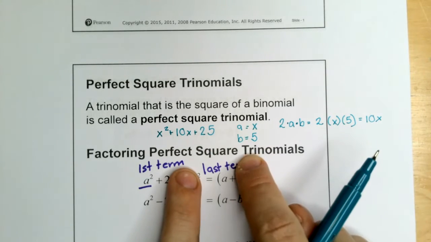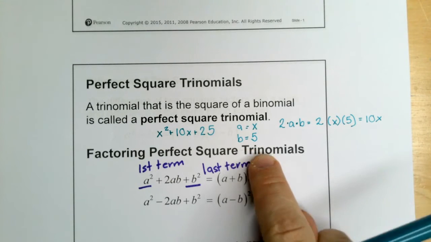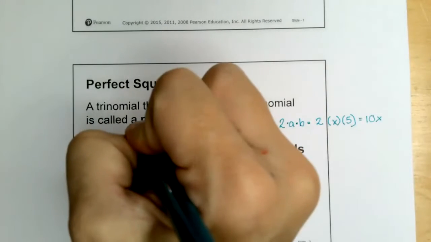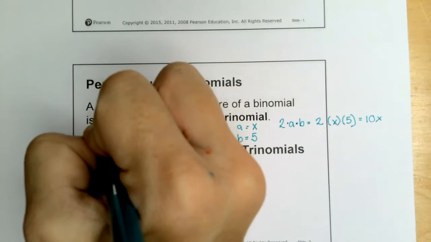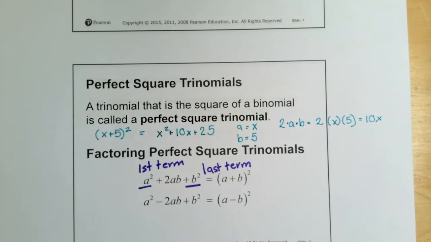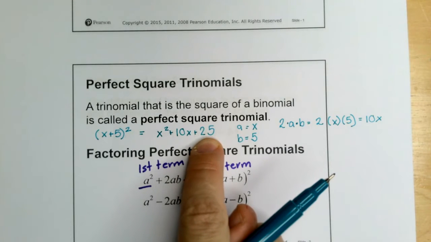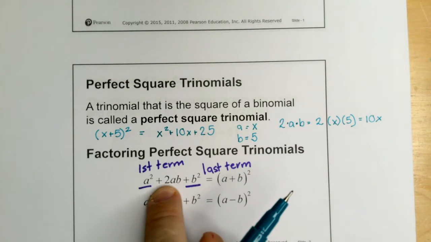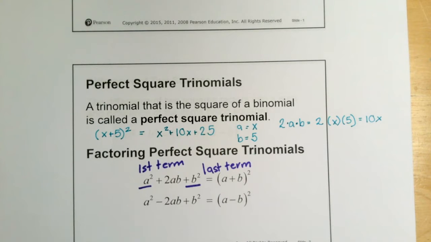And my a is x and my b is 5. So I can rewrite that as (x plus 5) quantity squared. Because this was a perfect square, this was a perfect square, and the middle term was 2 times the square root of that and the square root of that.